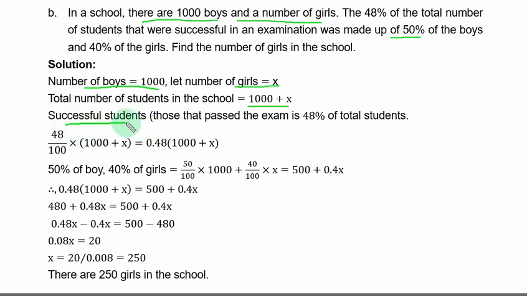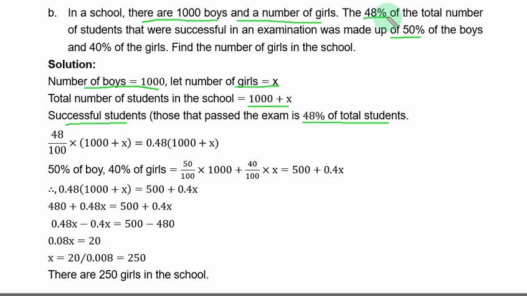Successful students, those that passed the exam, is 48% of total students. That is from here, 48% of the total number of students that were successful. Now, this 48% is made up of 50% of the boys and 40% of the girls.